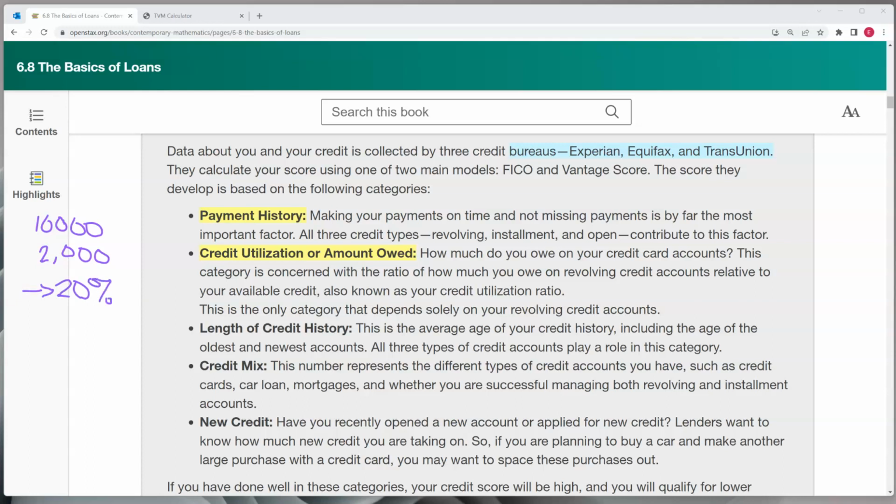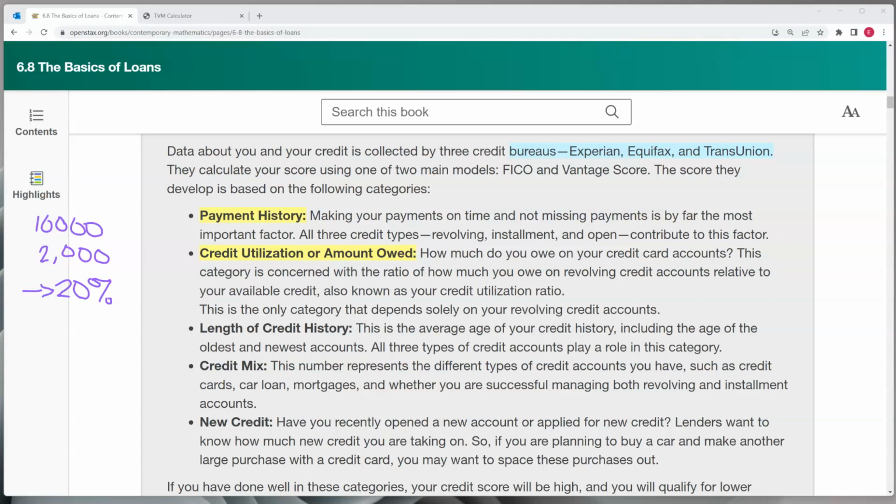So if you've got a $10,000 line of credit, which is a better way to say it, and you've used $2,000 on it, then you are using 20% of that credit. Now, why did I pick 20%? That's kind of the magic number in the finance business. If you have more than 20% credit utilization, that can negatively impact your credit score.